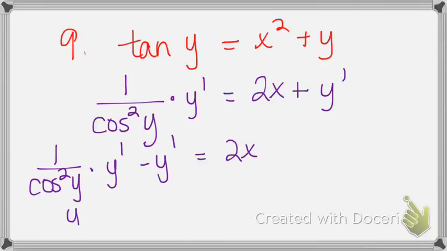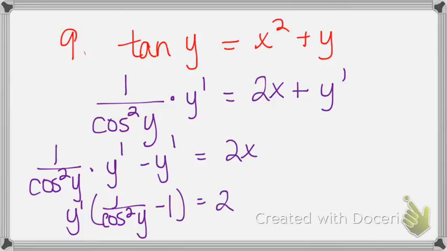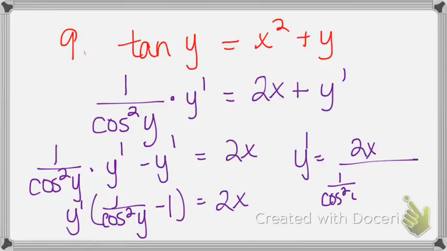I'm going to factor out what's in common. And then I want to divide by it. So you can have fractions over fractions, and that works okay.